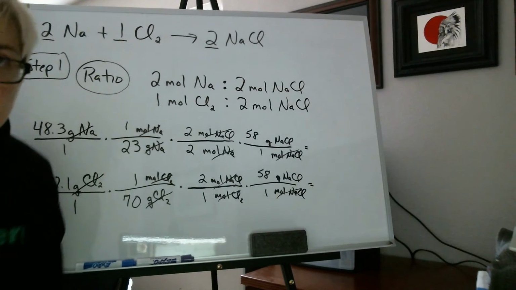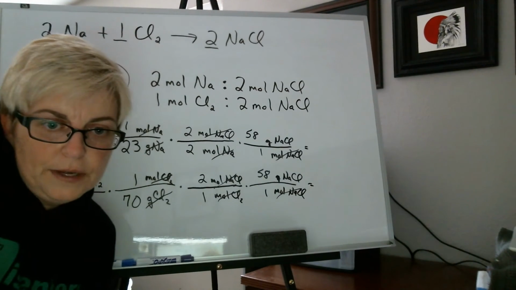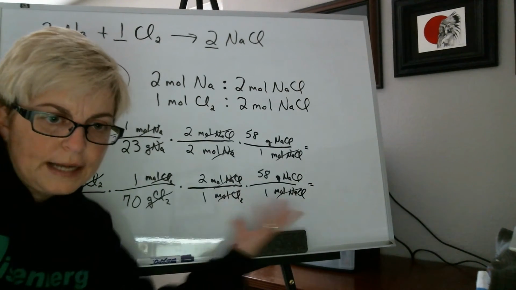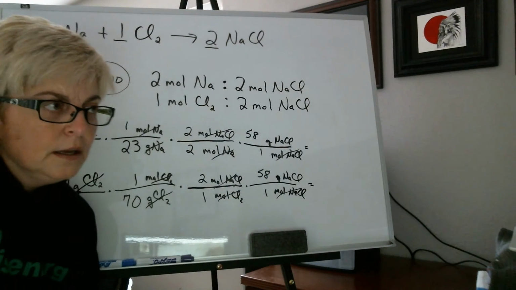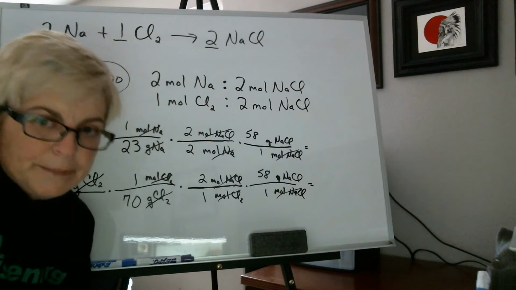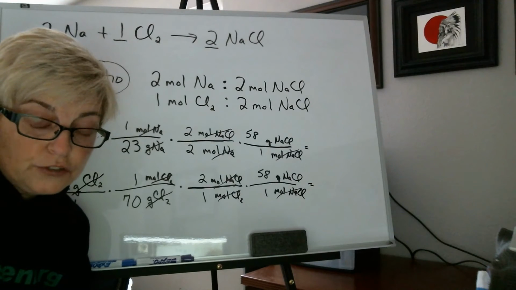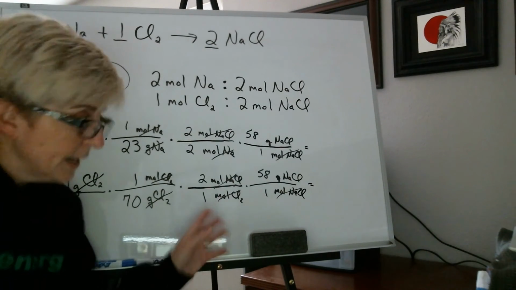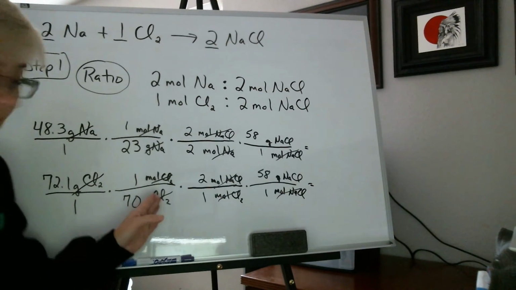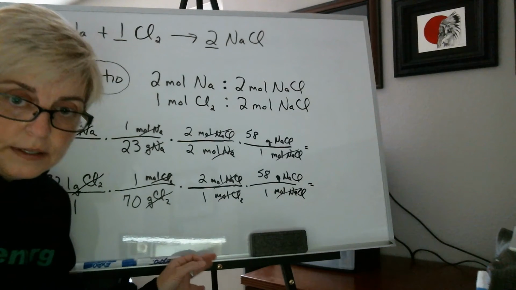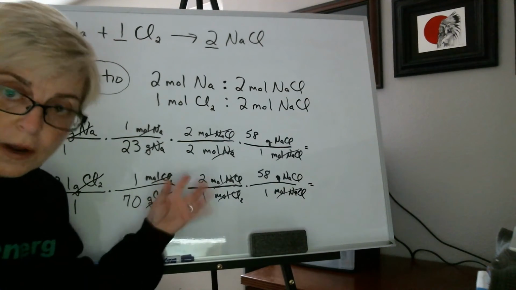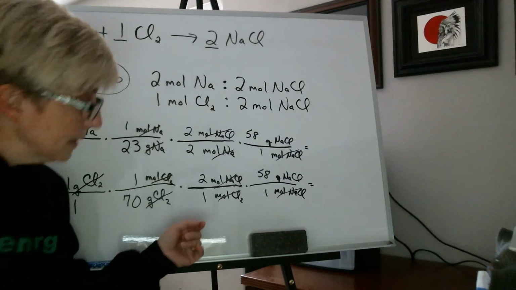So I know a lot of times with dimensional analysis or factor label method, you may be tempted not to write down the units and then just write down the numbers. But I tell you, if you write down the units, that will really guide you as to what numbers you plug in. Okay.